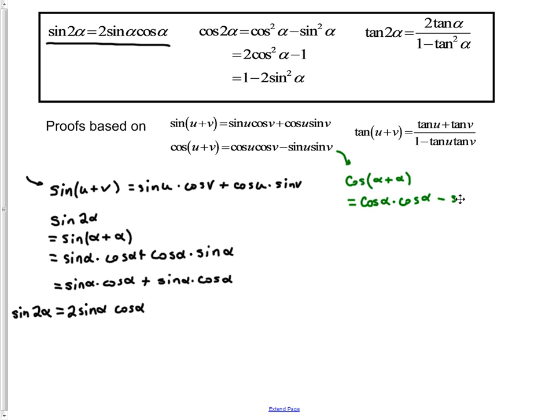minus the sine of alpha times the sine of alpha. And that is the square of the cosine of alpha minus the square of the sine of alpha.